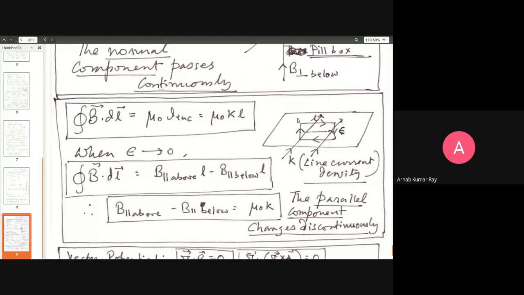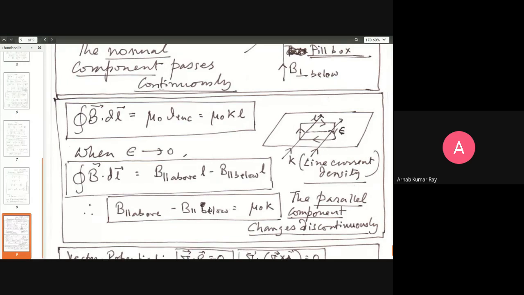So the line integral for this last bit will be 0 because the field lines and that path are perpendicular to each other. So this part will contribute 0, this part will contribute 0 to the path integral. This part will contribute B parallel above into L, and this part will contribute minus B parallel below into L.